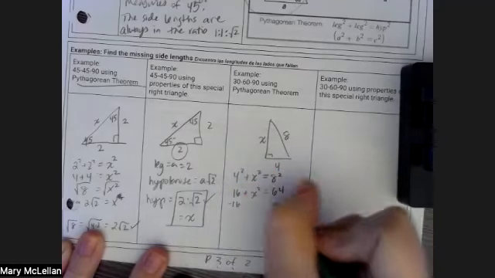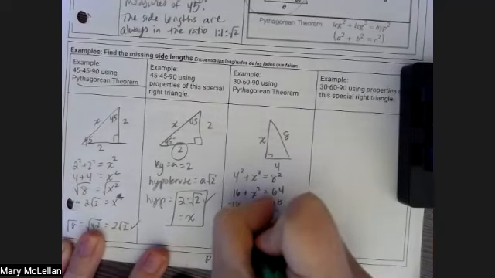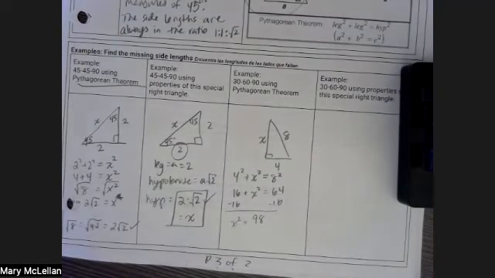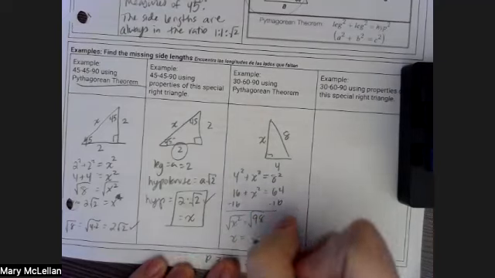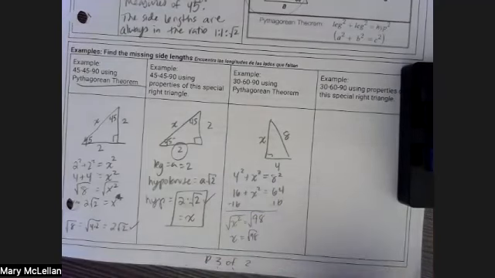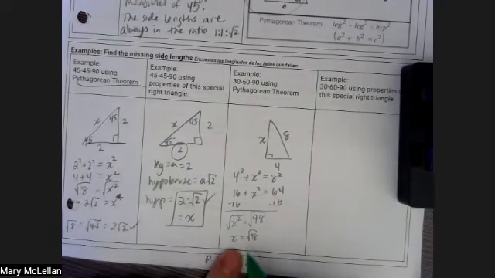I subtract 16 from both sides, and I get that x squared is 48. I take the square root of both sides, and x is the square root of 48. You might think that we're done, and we could be, but there is a more common way to write this number.